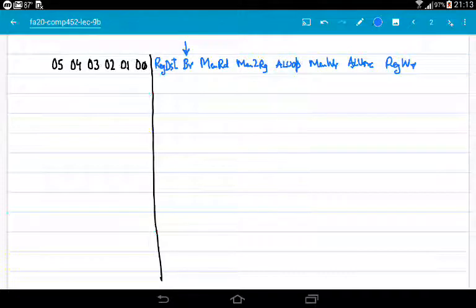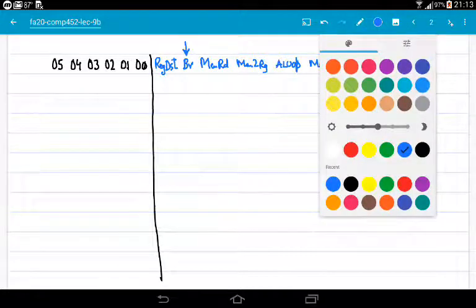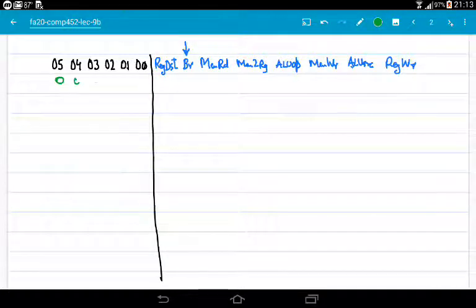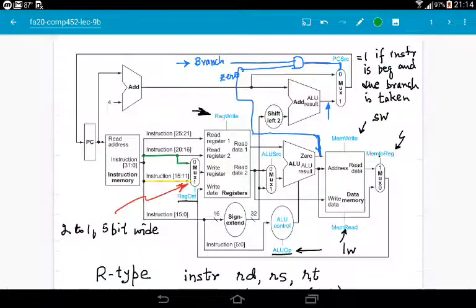Now if the opcode bits are all zeros, then it's an R-type instruction. We know that. In an R-type instruction, what will be the values of the various signals?